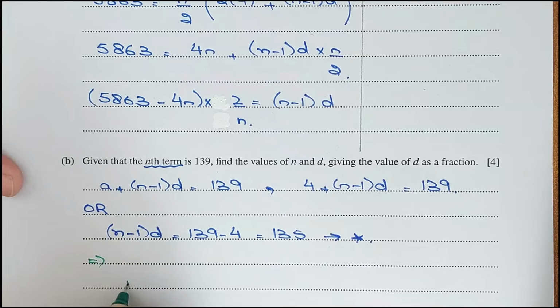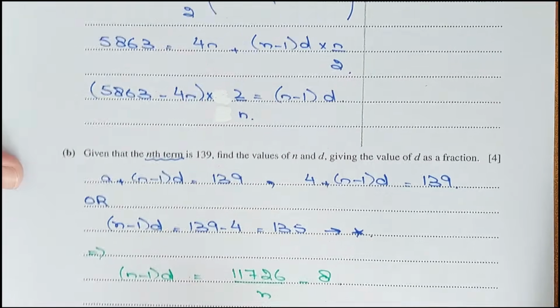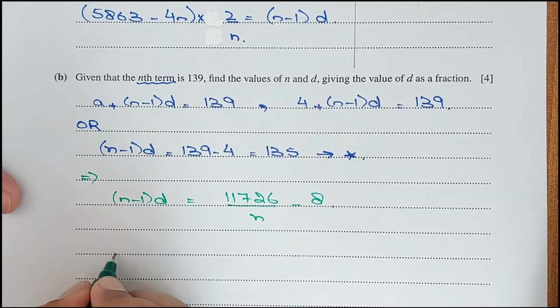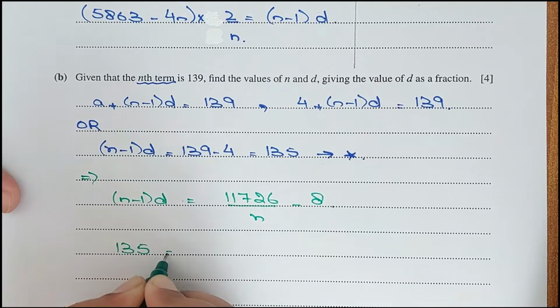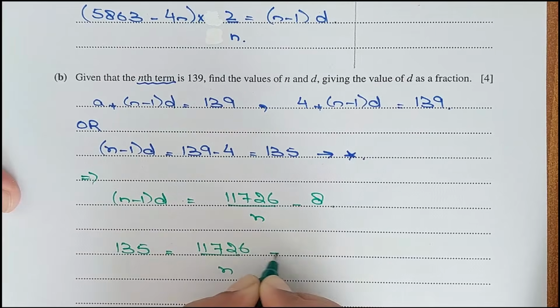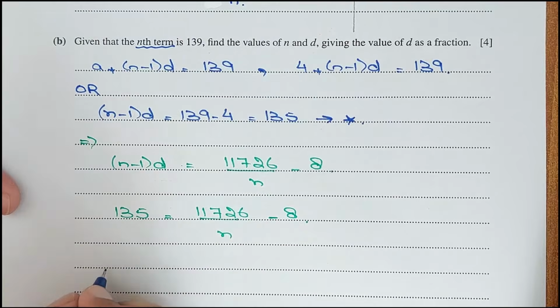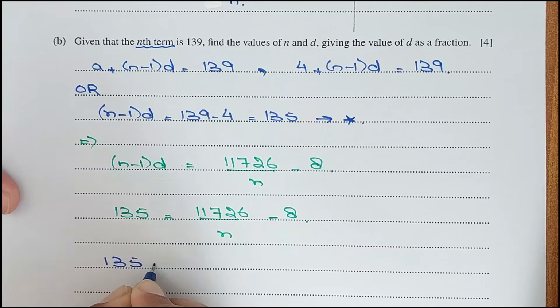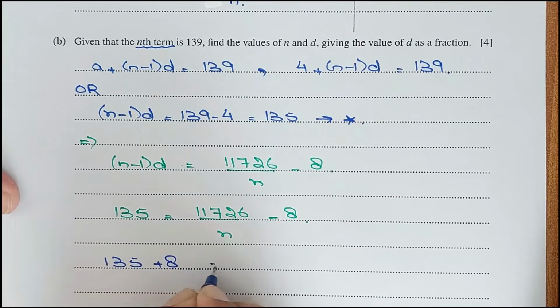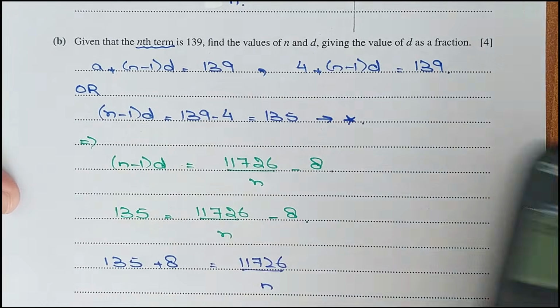So we can say that (n minus 1) times d is 11726 over n minus 8. Right. So this is 135. So 135 equals 11726 over n minus 8. So here we can solve for n. Right. Okay. So we can say 135 plus 8 is 11726 over n, right?